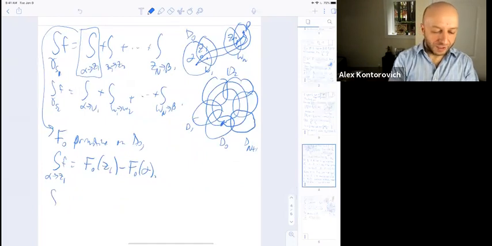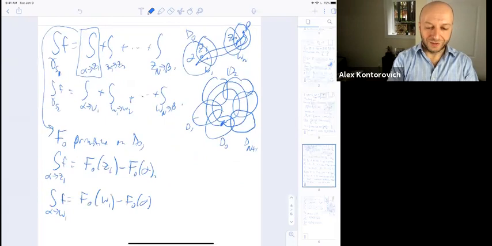And similarly, the integral from alpha up to w1 of f is F0 of w1 minus F0 of alpha. Right? So that's just on those two curves.